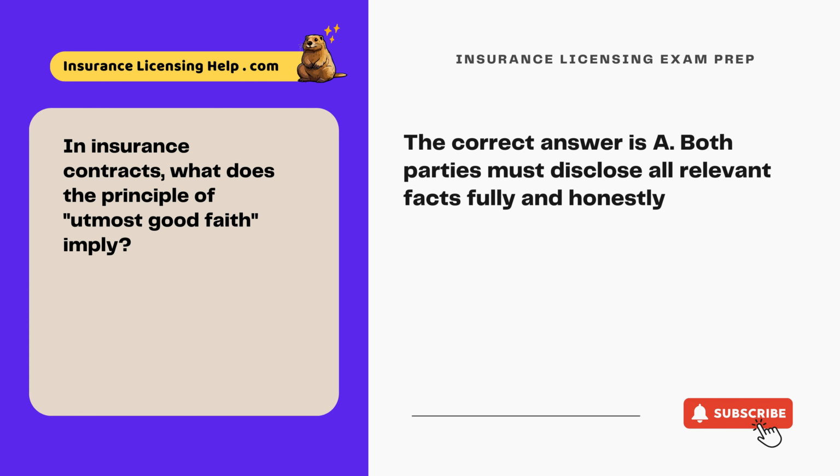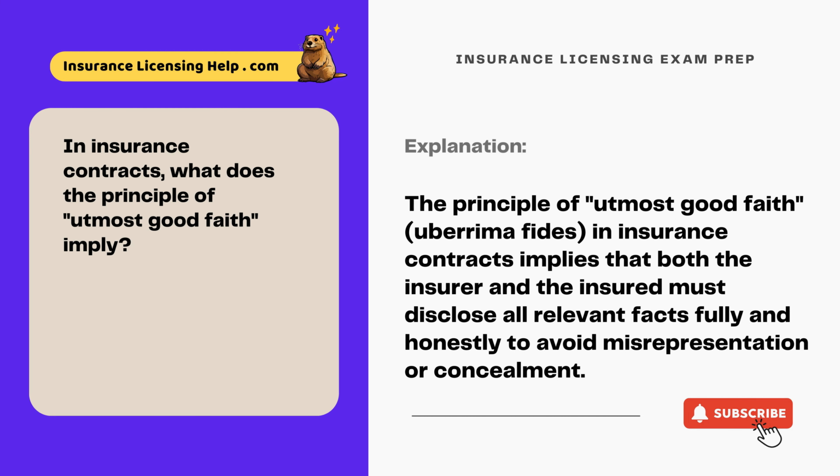The correct answer is A. Both parties must disclose all relevant facts fully and honestly. The principle of utmost good faith, uberrima fides, in insurance contracts implies that both the insurer and the insured must disclose all relevant facts fully and honestly to avoid misrepresentation or concealment.